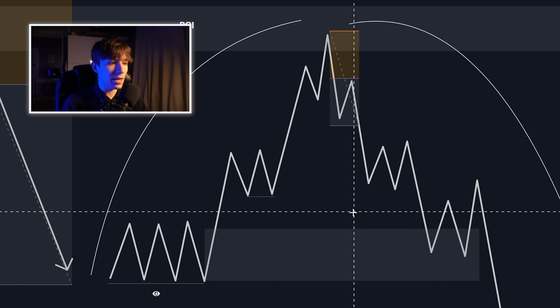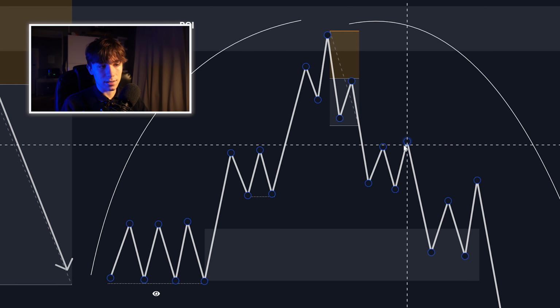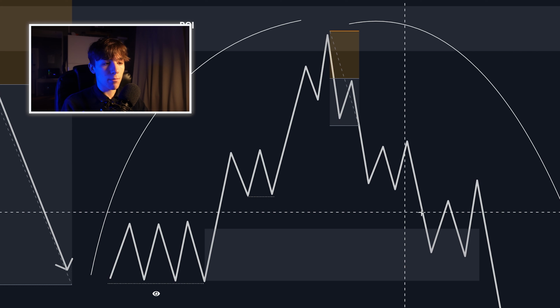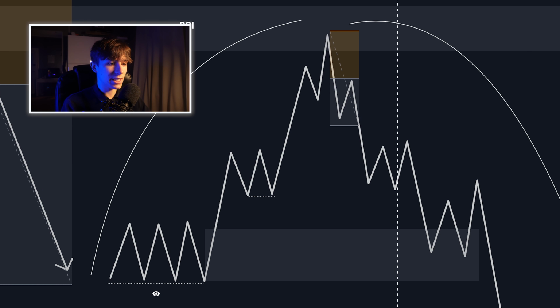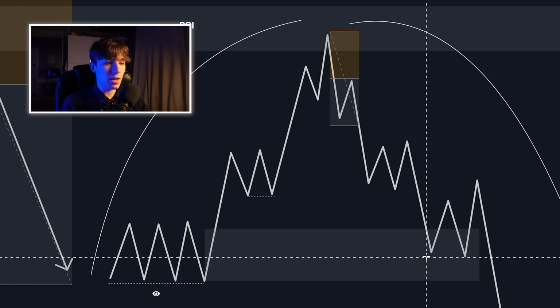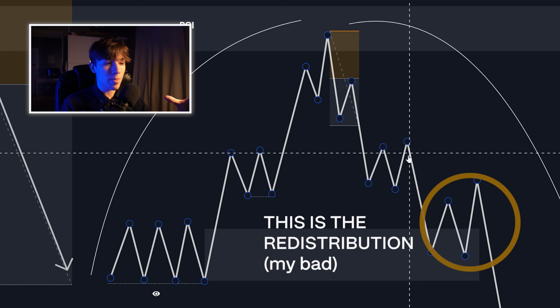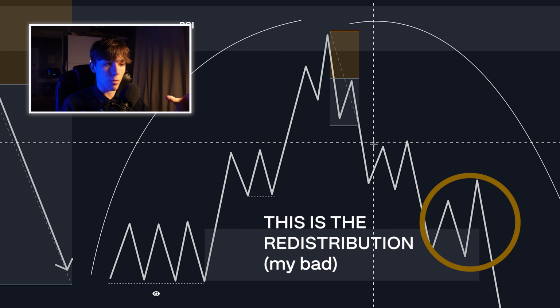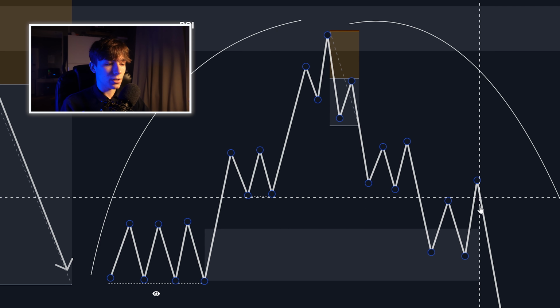So basically the pivot is confirmed, and then he likes to trade the redistribution before taking out the draw on liquidity. And why? Because this is the most explosive move, he says. This happens very, very quick. If we have the redistribution of the market maker sell model and we enter somewhere here when taking out the high or entering a fair value gap, then this can be a very strong trade.